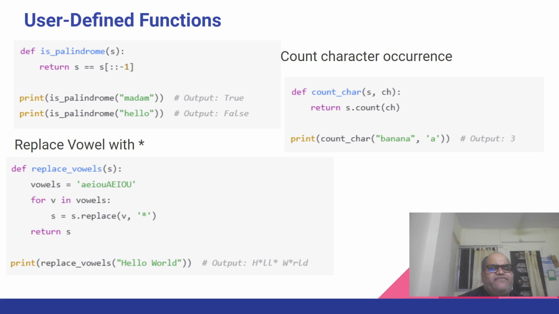It will replace, in this string S which is passed to it as an input, each vowel from A, E, I, O, U with a star.